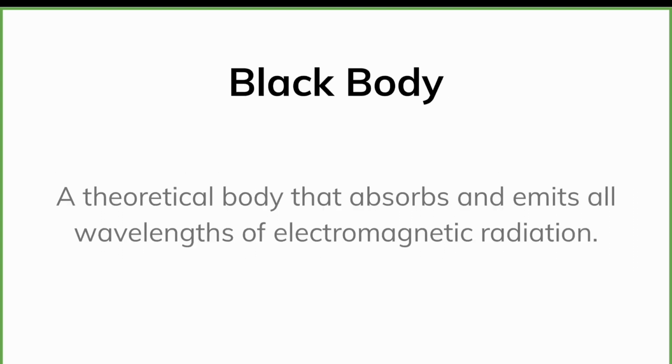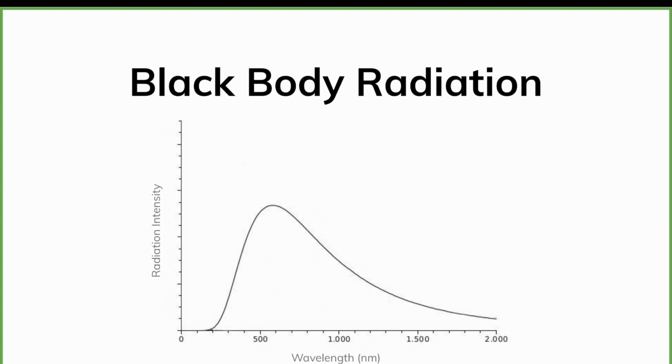We use the concept of a black body to simplify this and to make predictions and calculations. And so a black body is something that absorbs and emits all the wavelengths of electromagnetic radiation. So it turns out if we take a black body that's emitting radiation and we measure each wavelength, how much radiation is coming out at this wavelength, we get a graph that looks something like this.